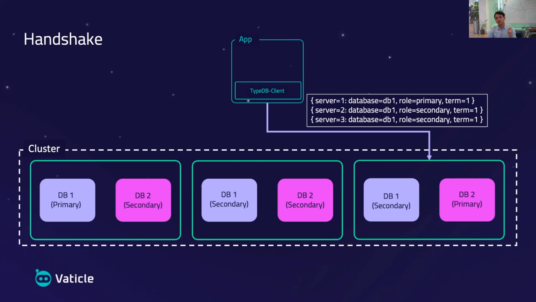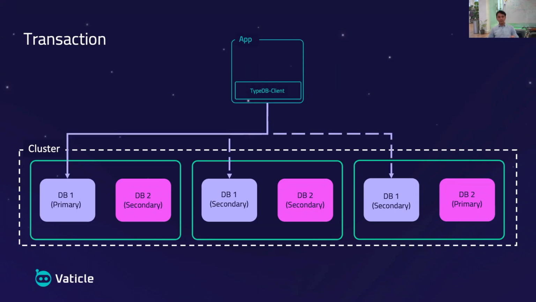So when this additional step is taken, say the application wants to insert some data into DB1, an additional piece of information is exchanged between the server and the client for the server to inform the client that the primary replica of DB1 sits on the first server. And armed with this information, it is possible for the application to connect correctly to the first server in order to insert the data.